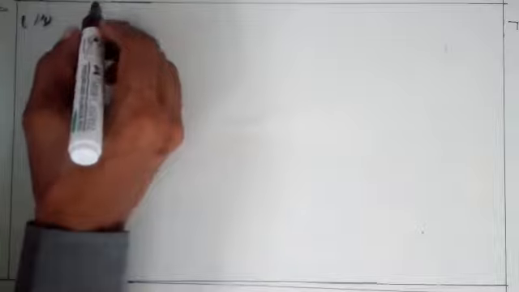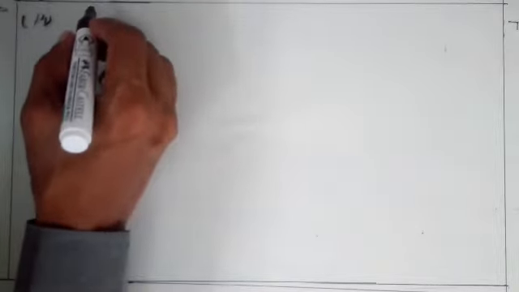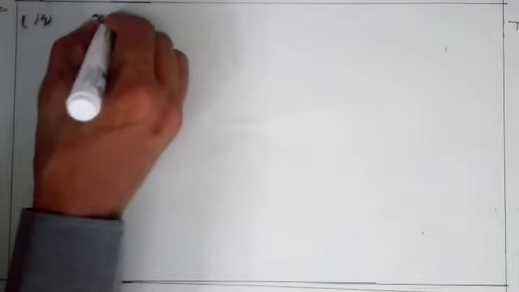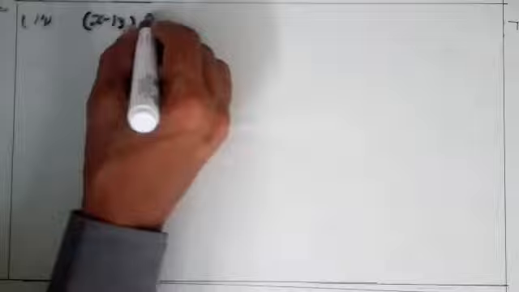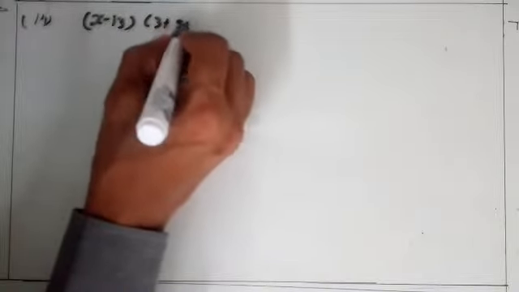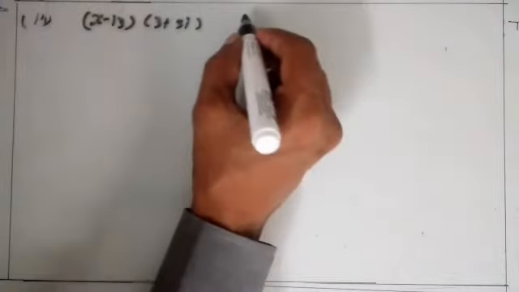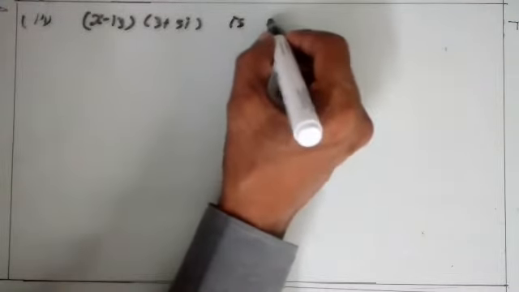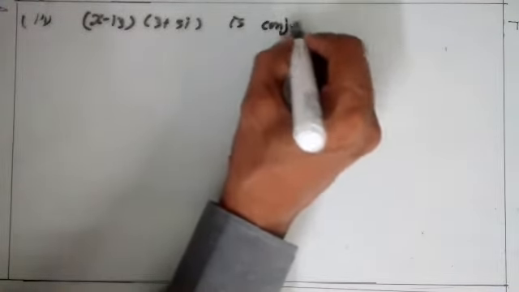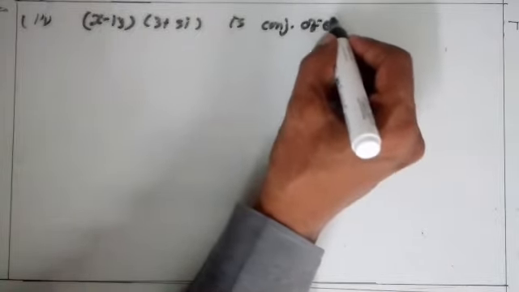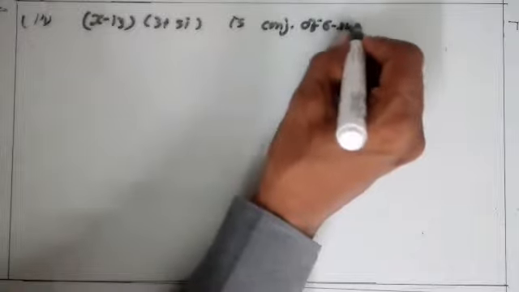Now question number 14. Find the real numbers x and y if x minus iy into 3 plus 5i is the conjugate of minus 6 minus 24i.